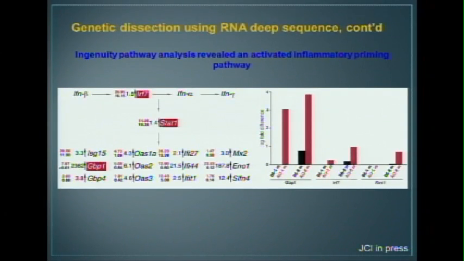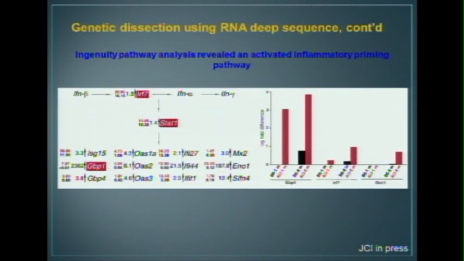More importantly, ingenuity pathway analysis revealed an activated inflammatory priming pathway in the AJ mouse at early age, centered on interferon beta. This pathway is increased, evidenced by increased inflammatory products such as IRF7, STAT1, and GBP1.